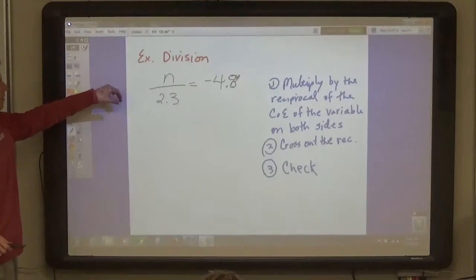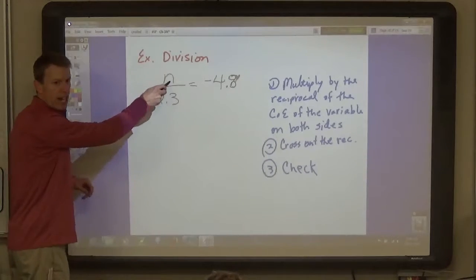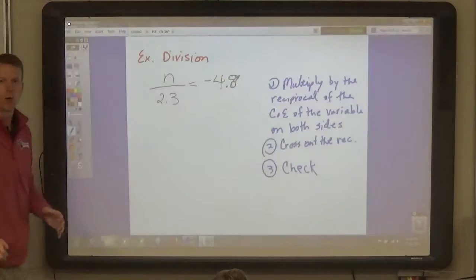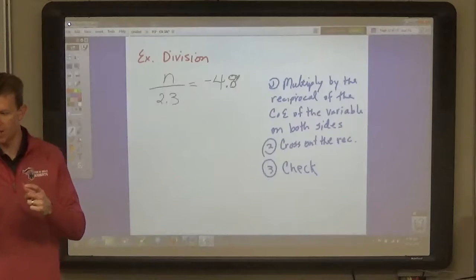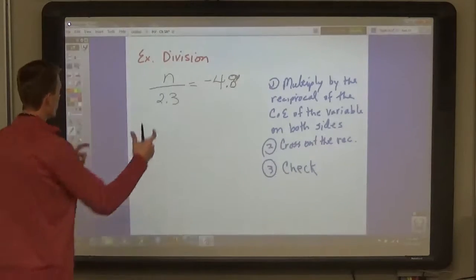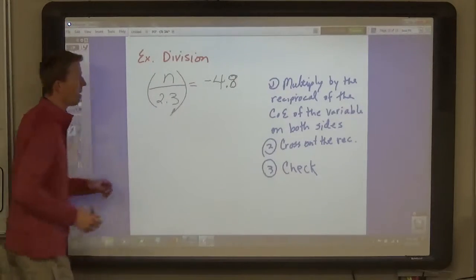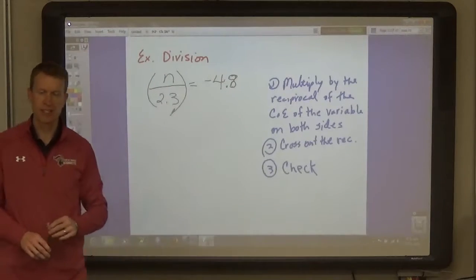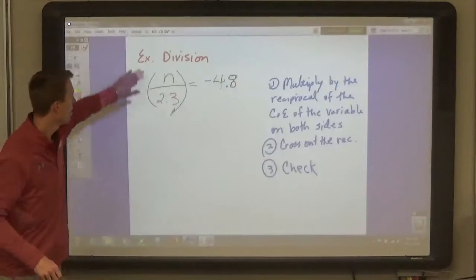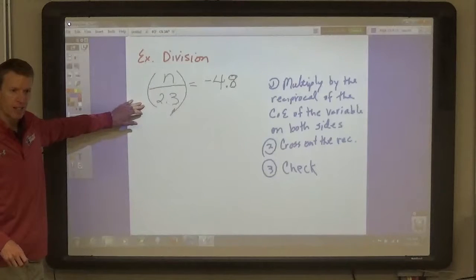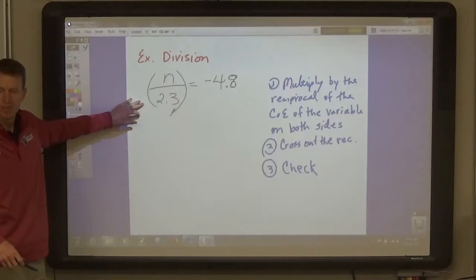Okay. Now, this is a division equation, n divided by 2.3. So we're going to use multiplication to solve it. Put parentheses around the 2.3 and n over 2.3, so that we can multiply this by something to get n by itself.